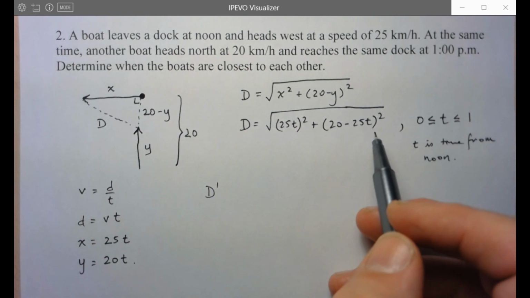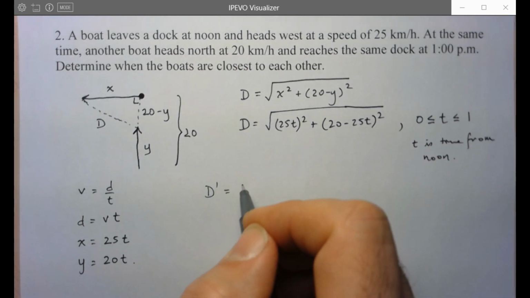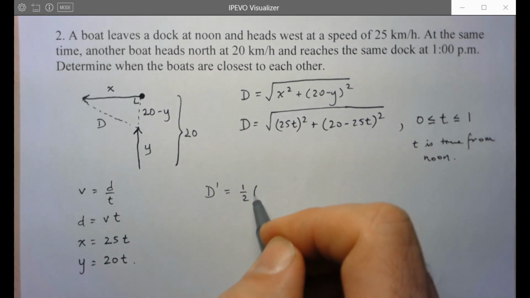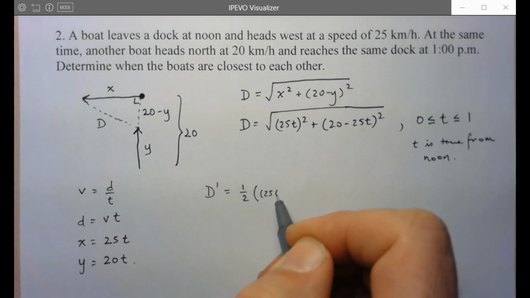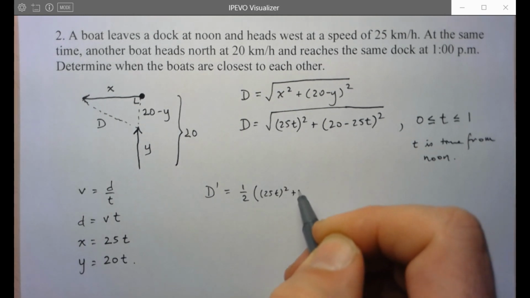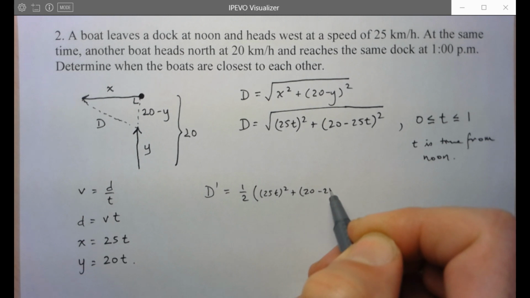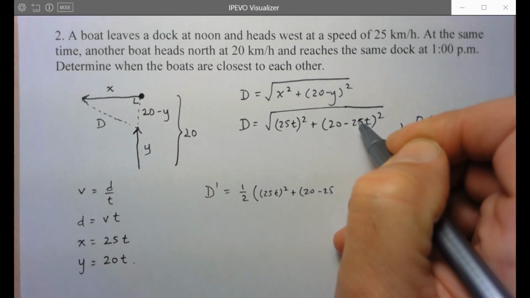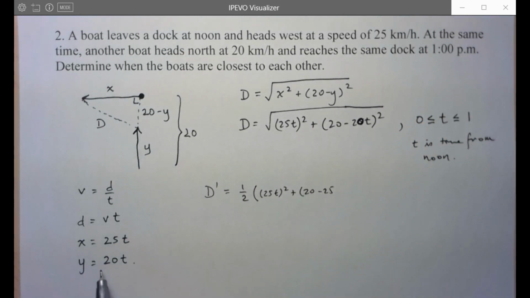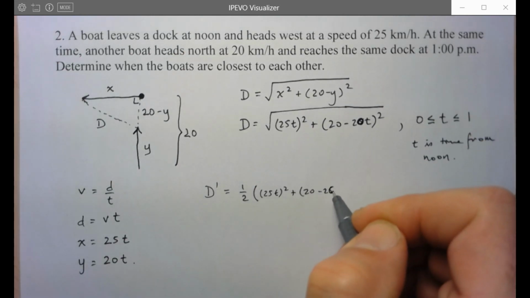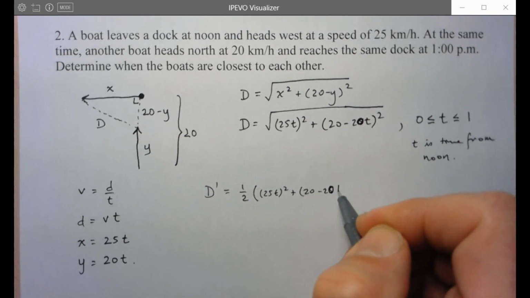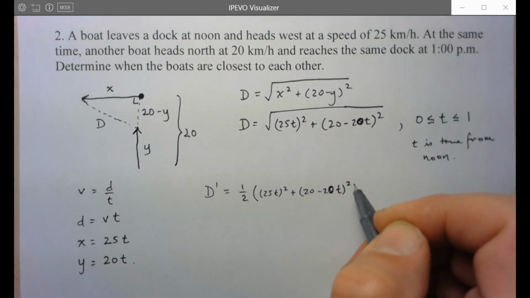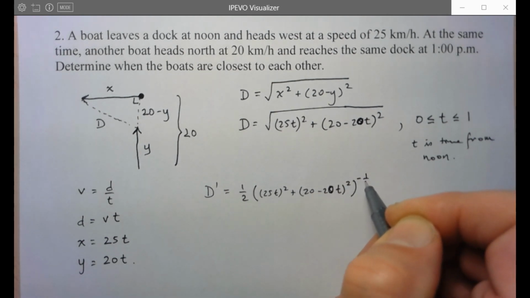The derivative of the square root of u is 1/2 times u to the negative 1/2. So that's 25t squared plus 20 minus 25. Sorry, hopefully you noticed that mistake. This should have been 20t. Good thing I noticed that, because it would have caused some issues. So (20 minus 20t) squared, all to the negative 1/2.